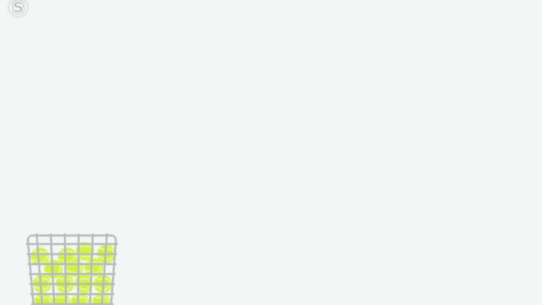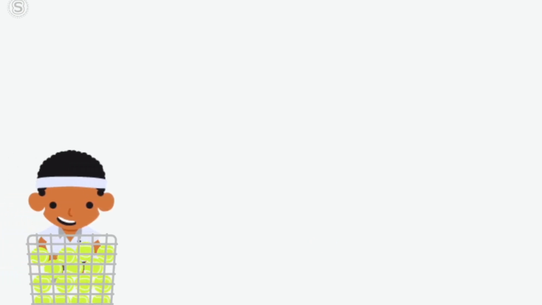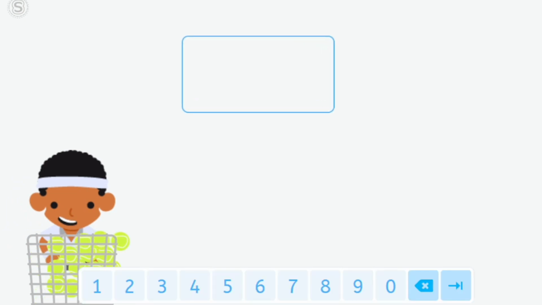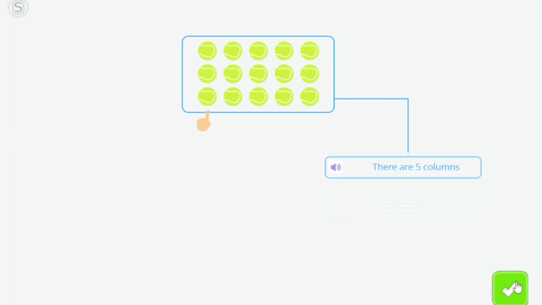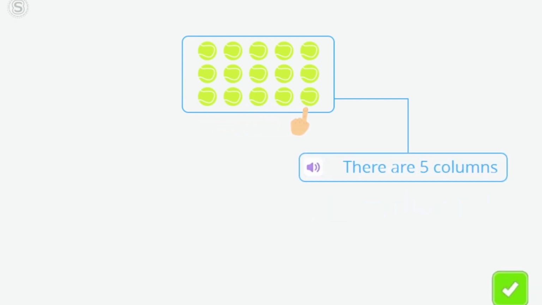Let's look at another example. To work out how many balls Max has, we're going to count how many columns there are. There are 5 columns.